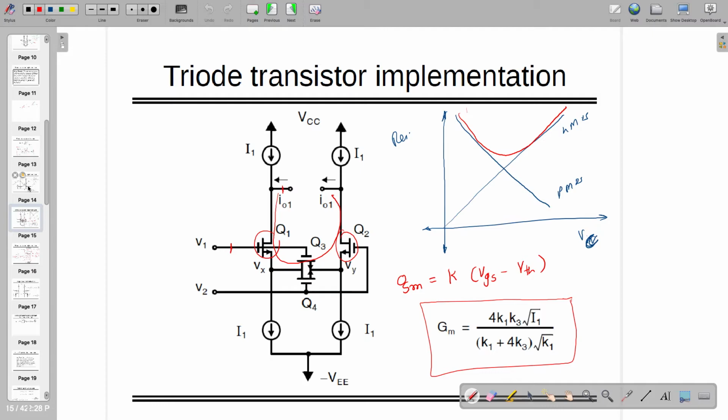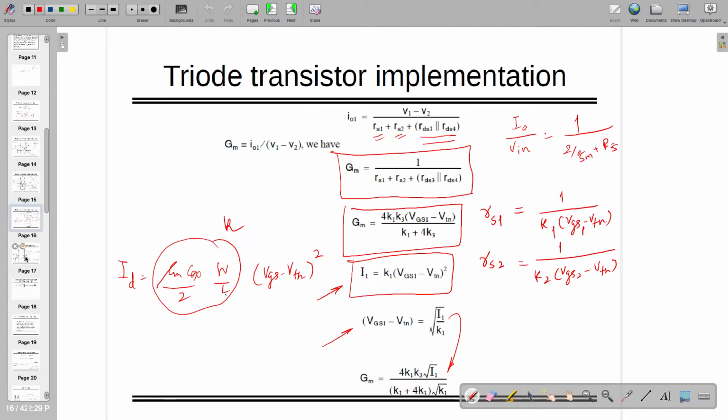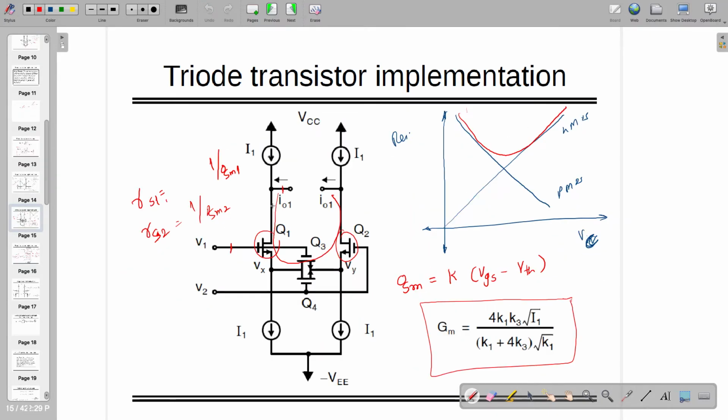Yes, they are RS1 and RS2. RS1 and RS2 are equal to 1 by gm of the respective transistor. So the way he made it, he made small RS, right? Traveling from here to here, there are three things I am seeing.